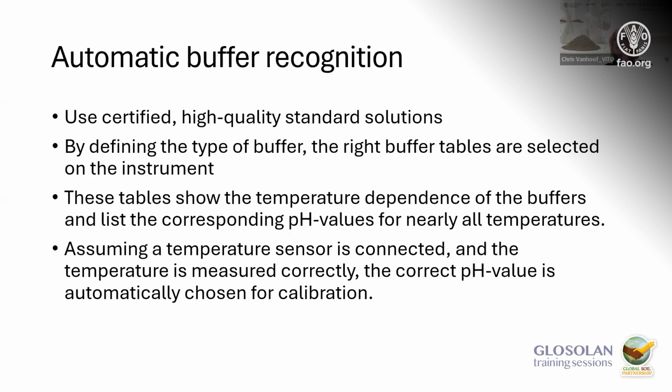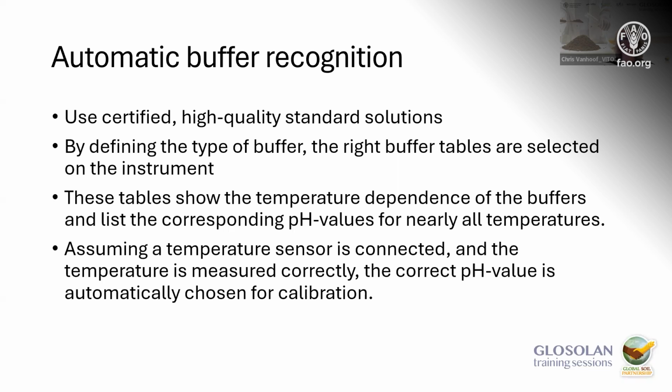A little bit more about automatic buffer recognition. If you have an automatic buffer recognition in your system, then these buffers are in the software of your system, and they contain tables which are defined for that buffer at that temperature, so there's a theoretical buffer value defined.